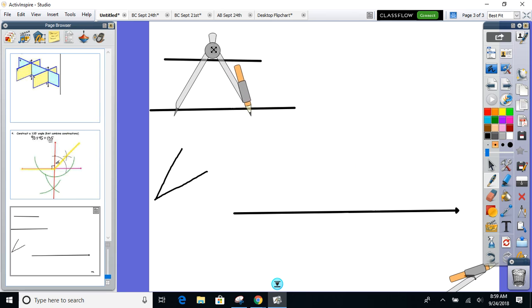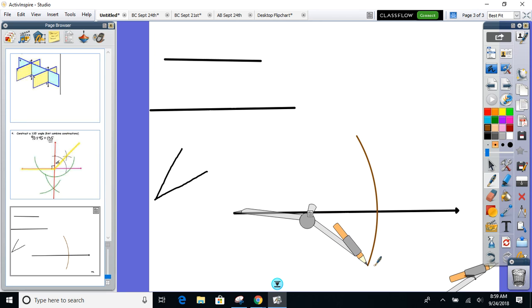Okay. So I copy one of the line segments. Does not matter if it's the longest or the shortest, doesn't matter. Come on over here. Copy that sucker right onto there. Okay. Then I go to the angle now and copy the angle.